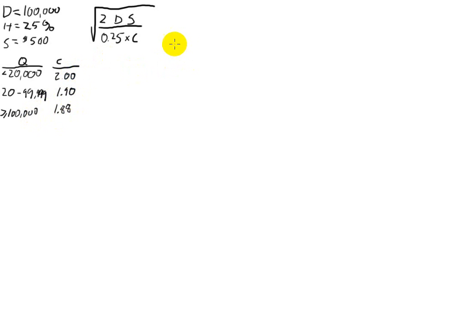So let's see what happens here. If the cost is $1.88, this is only going to be valid for quantities that are greater than or equal to 100,000. So let's compute our EOQ.